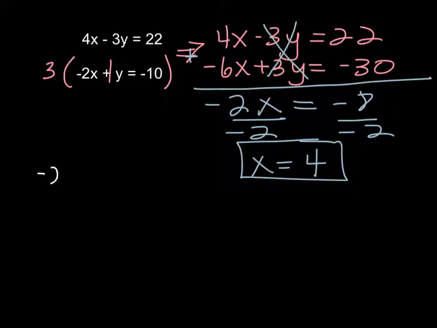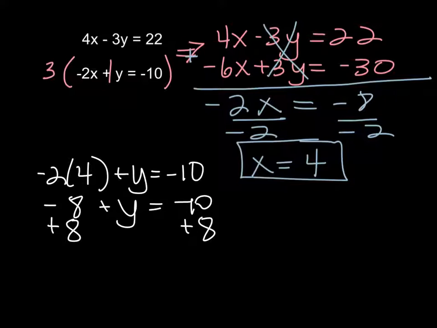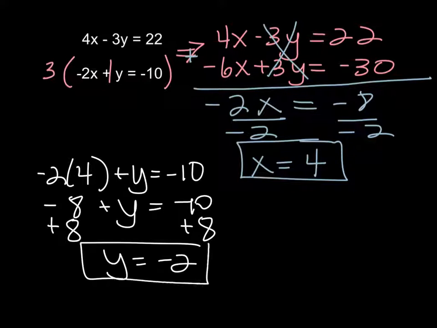So negative 2 times x, which we just figured out is 4, plus y equals negative 10. And then I have to add 8 to each side to get y by itself, and I get y equals negative 2. So these two lines, if I were to graph them, would meet at the point 4, negative 2.